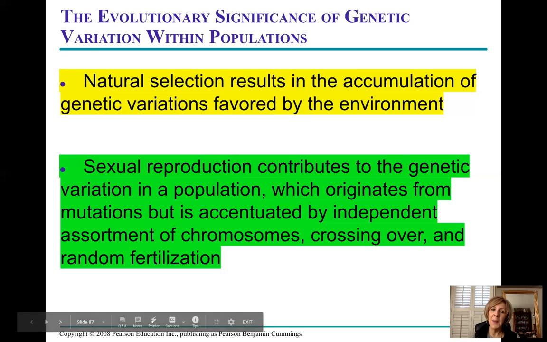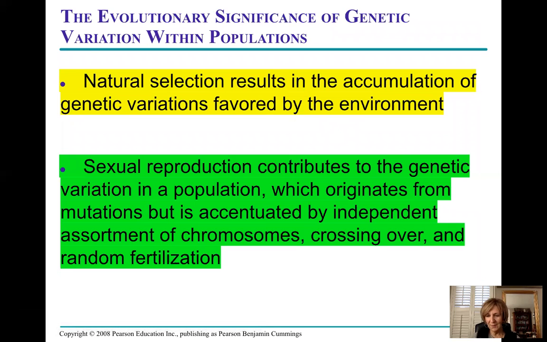To end up, natural selection, right? The process of evolution results in the accumulation of genetic variations that are favored by the environment. When we sexually reproduce, we have lots of variation, and the variations that benefit us in a certain environment are the ones that get passed on.